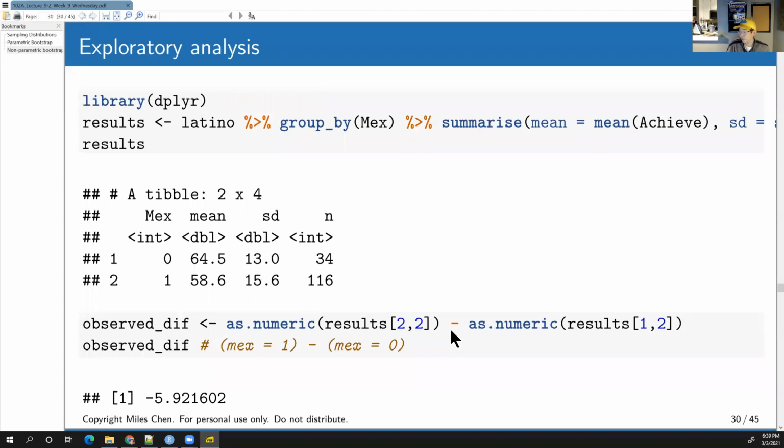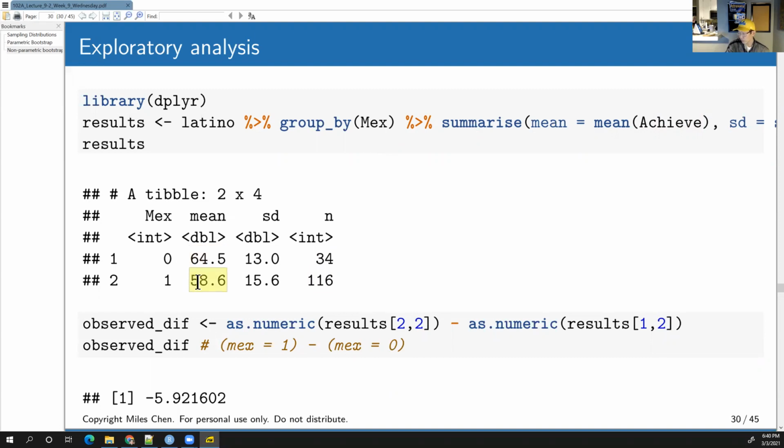Okay, and so just to do a quick summary analysis, I grouped by the variable, whether they came from Mexico or not. And then I did a count. There were 34 people who did not come from Mexico, 116 people who did come from Mexico. And then I asked for the mean of achieve. The mean value for educational achievement for people who did not come from Mexico is about 64.5.